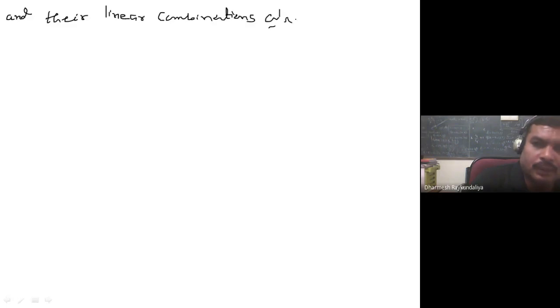It is not only the estimable parametric function but their linear combinations, a dash lambda beta for every a.